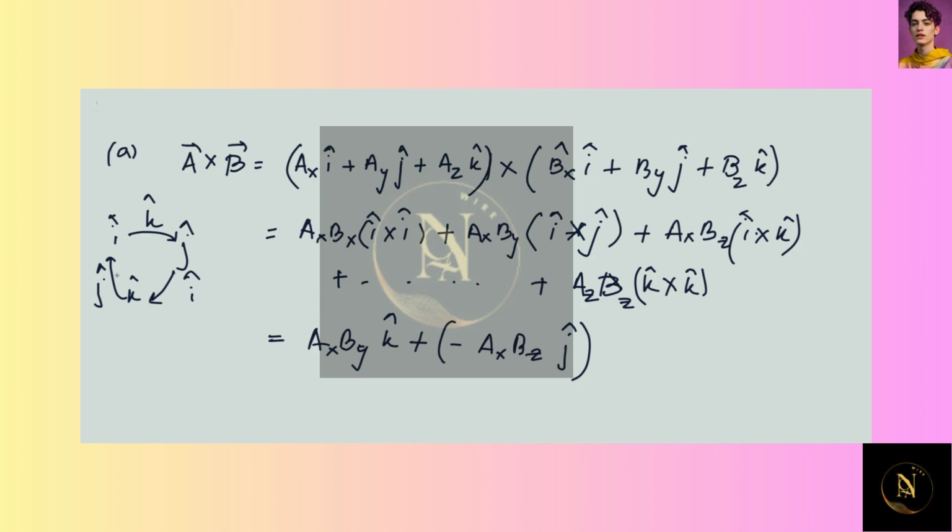So basically, this is the rule we follow, and if we are going anti-clockwise, which means j cap cross i cap will be negative k cap, k cap cross j cap will be negative i cap, and i cap cross k cap will be negative j cap. So this is the rule that we used here. So let's write all the terms.